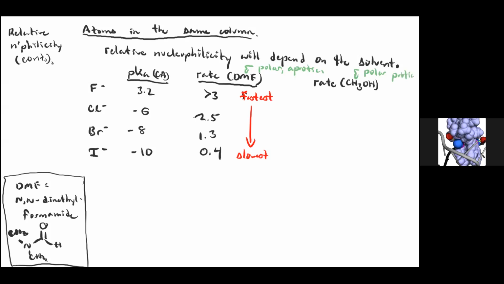So we're at about 5 by 10 to the minus 8 for fluoride, 3 by 10 to the minus 6 for chloride, 3 by 10 to the minus 5 for bromide, 0.3 for iodide. And so fluoride is the worst, the slowest, and iodide is now the fastest.